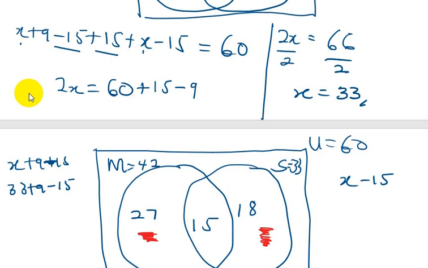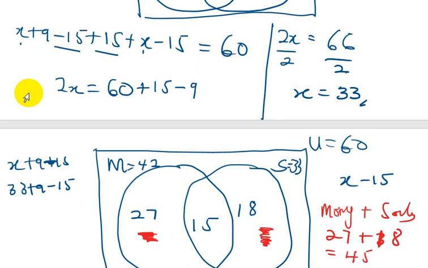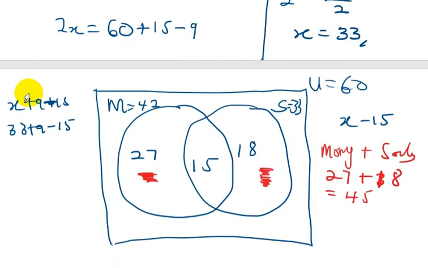So those who pass exactly one subject are math only plus science only. So we're going to do 27 plus 18, which gives us 45. 45 students pass in just one subject.